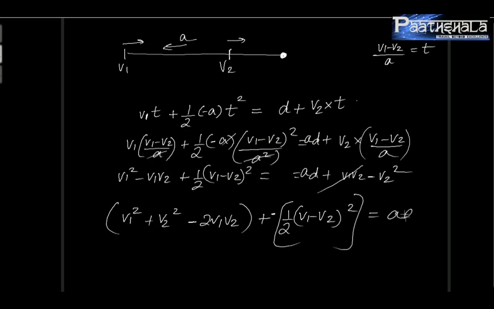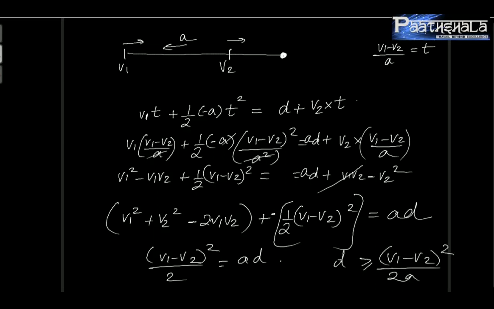This is equal to AD. So ultimately on simplifying we get V1 minus V2 square divided by 2 is equal to AD. Alright, so distance D has to be greater than or equal to V1 minus V2 the whole square upon 2A. Only then collision can be avoided.